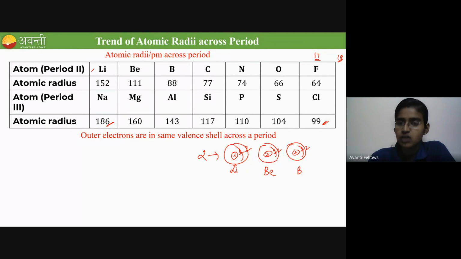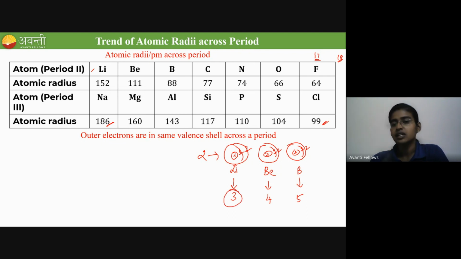Okay. Now coming to the electron distribution. Atomic number of lithium is 3, for beryllium it is 4, and for boron it is 5. So what is atomic number? It is the number of protons, or the number of electrons in the neutral atom. If the atomic number of lithium is 3, then it has 3 electrons.